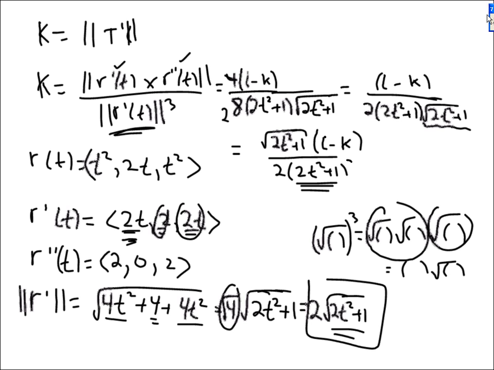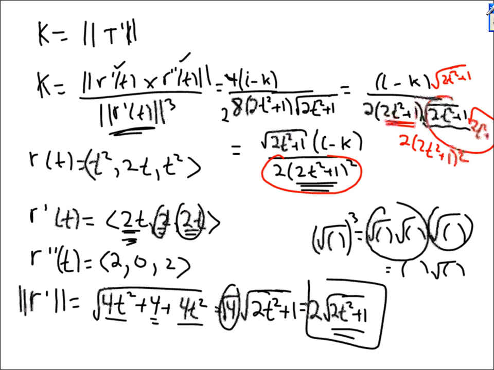Times the same thing gives it to me 2 times. I'm multiplying the top by this. I'm multiplying the bottom by 2t squared plus 1. This product is 2t squared plus 1 times another one makes the bottom 2 times 2t squared plus 1 squared. And that is what I put in the bottom. Times i minus k.